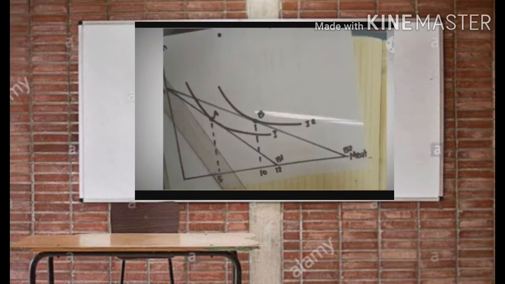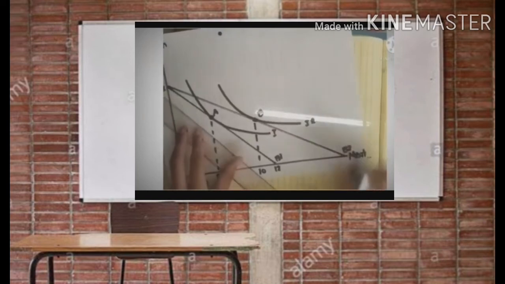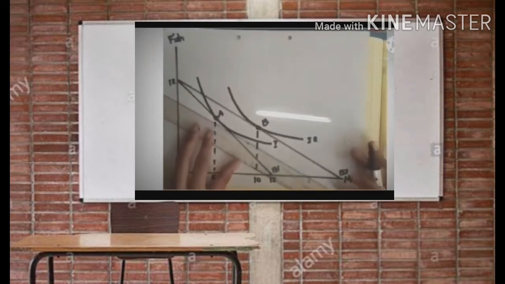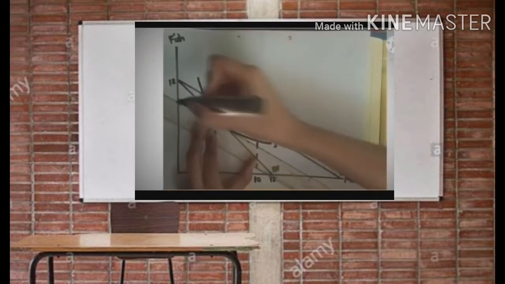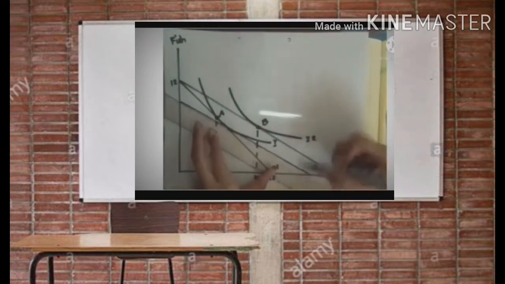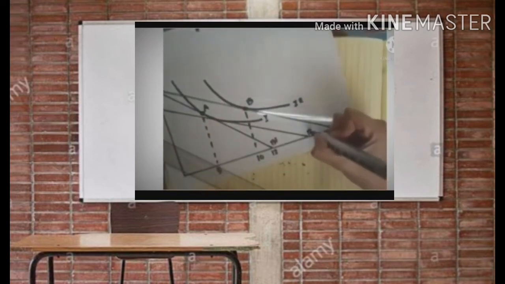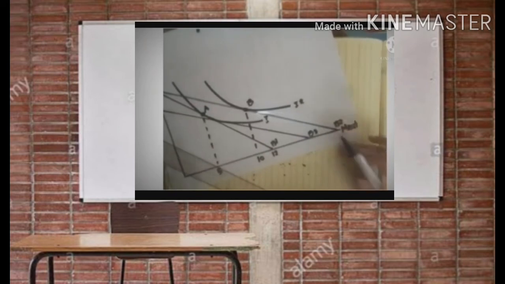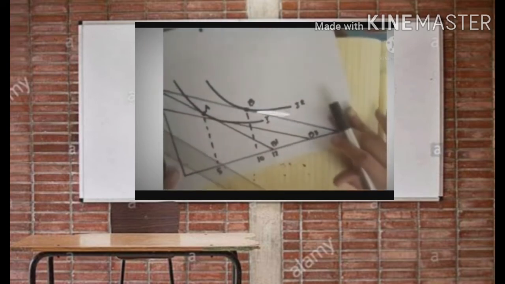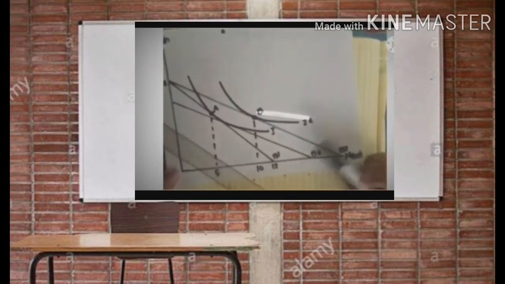So to separate the substitution effect from the total effect, we will draw a new budget line, B3. B3 is parallel to B2 because it represents the cheaper price for meat.